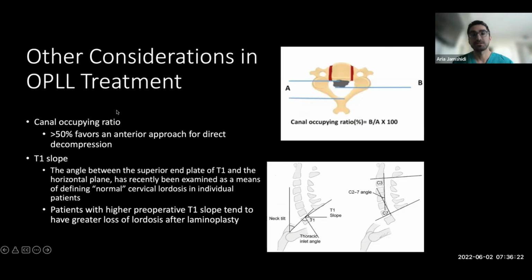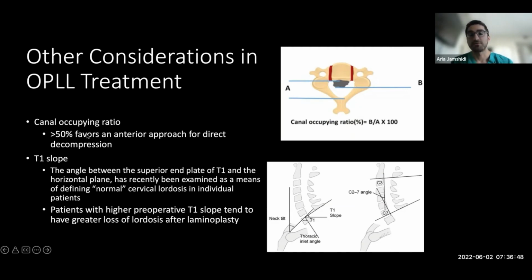Other considerations in OPLL treatment, one is this idea of the canal occupying ratio. So then you essentially take a percentage of how much of the ventral ossified mass is taking control of the spinal canal, and looking at this specifically can help you delineate whether you should go from an anterior or posterior approach.